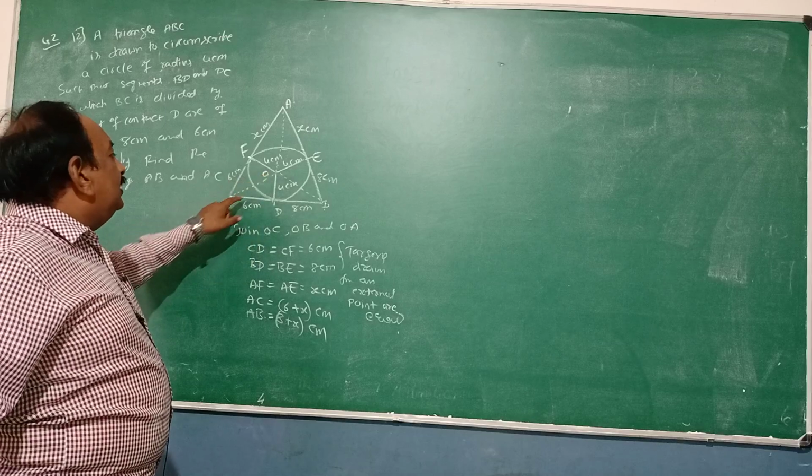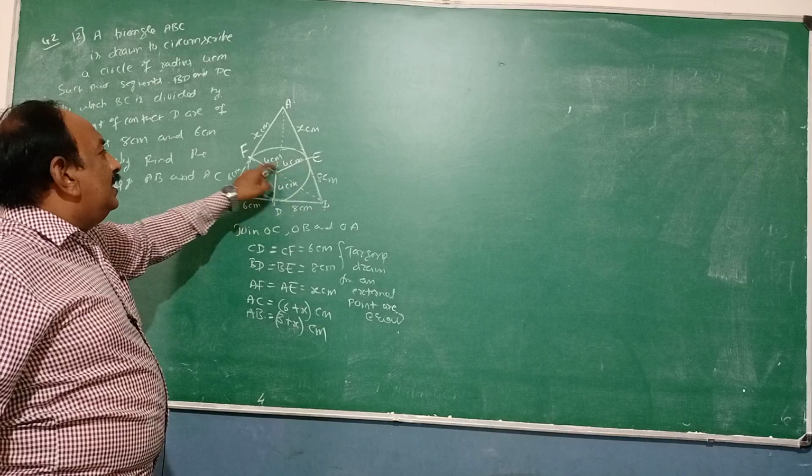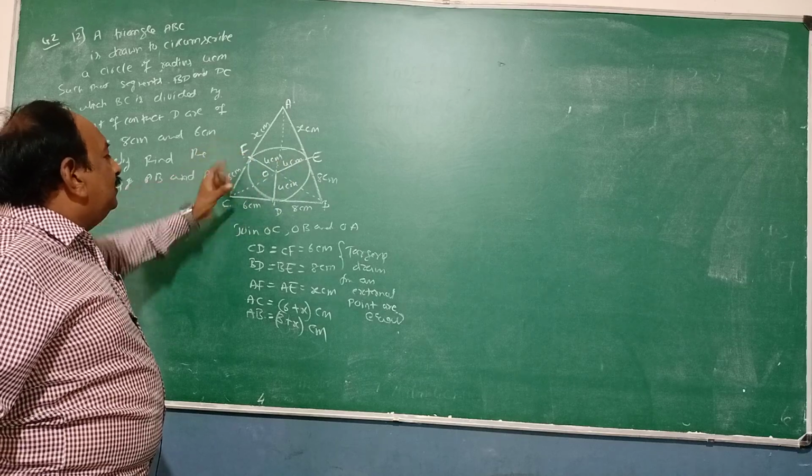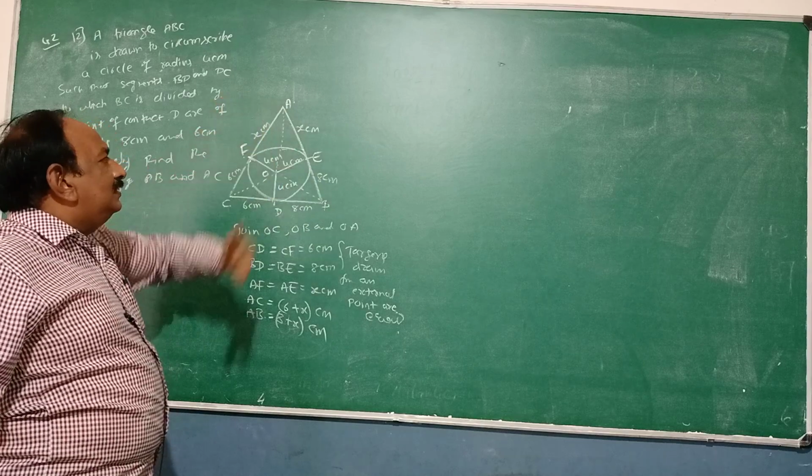Join OC, OB and OA. This is the radius. This is 6 centimeter, 6 centimeter. This is 8, this is also 8.